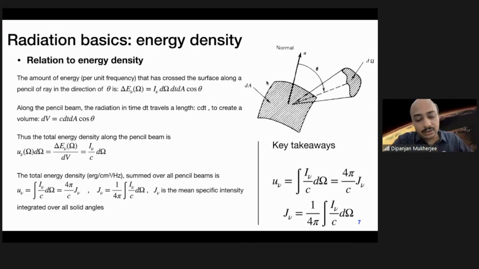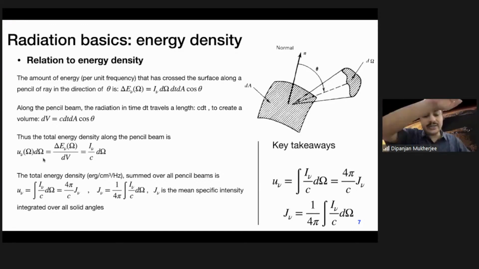So what I first talked about is this U nu omega d omega. That is the energy density along a given direction. Given a particular theta or a particular direction, if you go along that direction, what is the energy per unit volume associated with the radiation along it? Of course, this is different for different directions. So what we are trying to do is average out, or find the total energy density in the entire field.